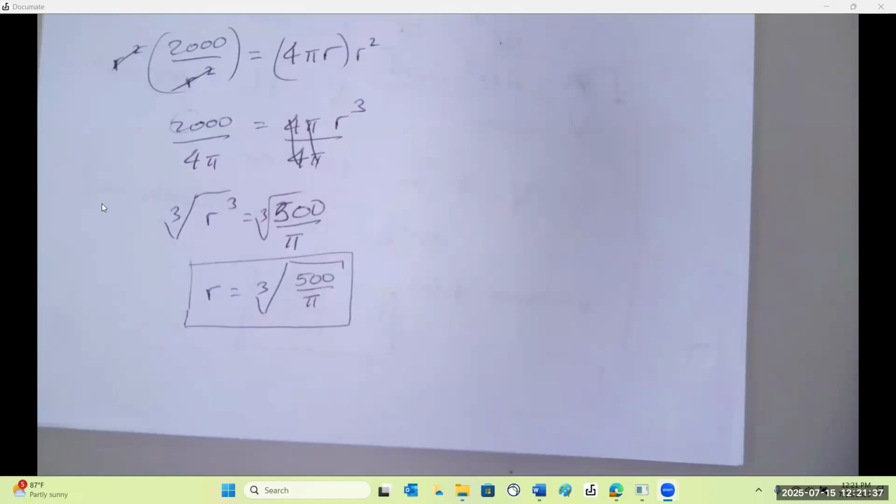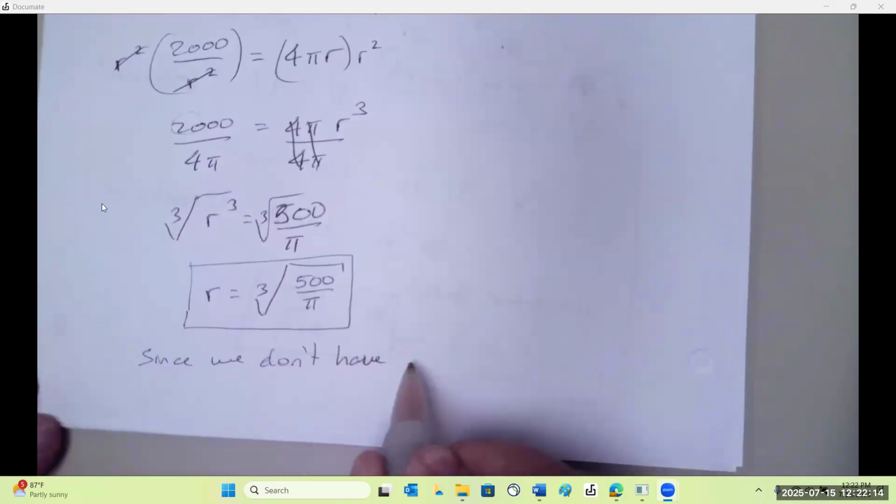Does this function have any endpoints, any boundaries, domain-wise? Not really. I mean, 0, you can't have less than 0 radius, but there really isn't a maximum, so it's just 0. It's no other endpoint. So, is this going to be a maximum or minimum?